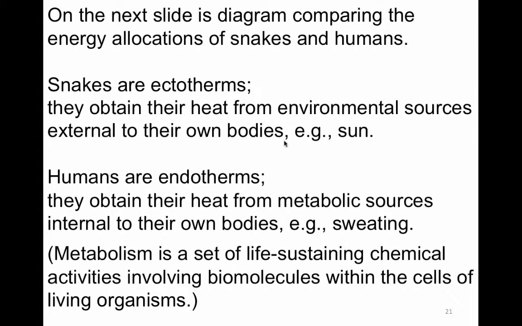On the next slide is a diagram comparing the energy allocations of snakes and humans. Snakes are ectotherms. They obtain their heat from environmental sources external to their own bodies, for example, the sun. Humans are endotherms. They obtain their heat from metabolic sources internal to their own bodies, for example, sweating.